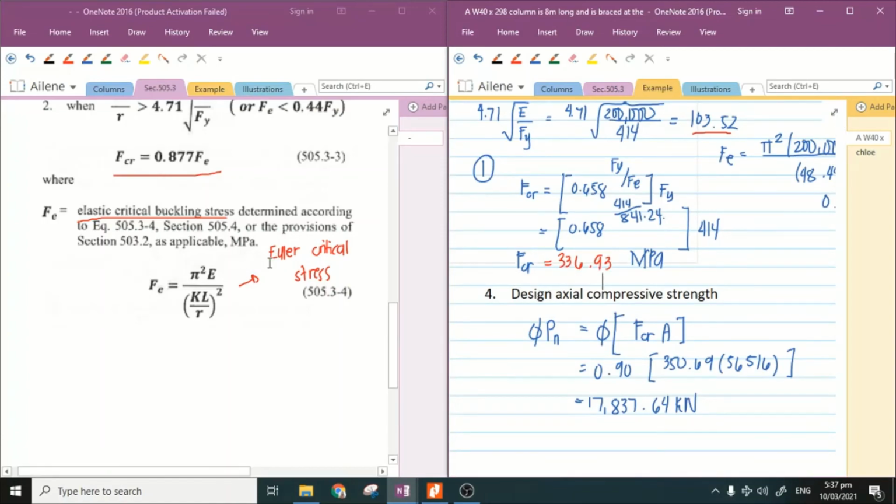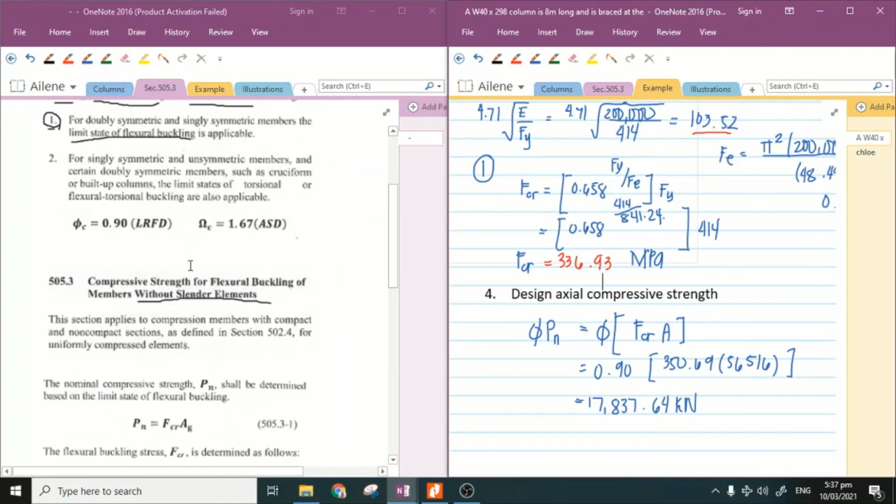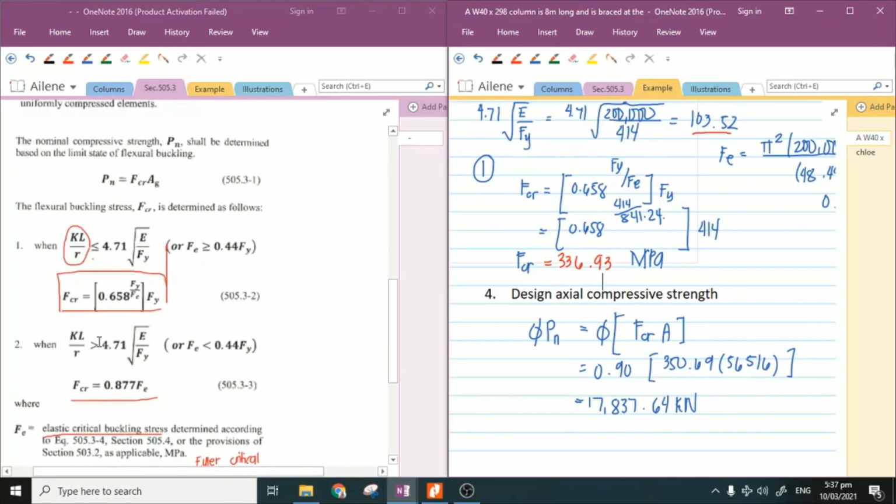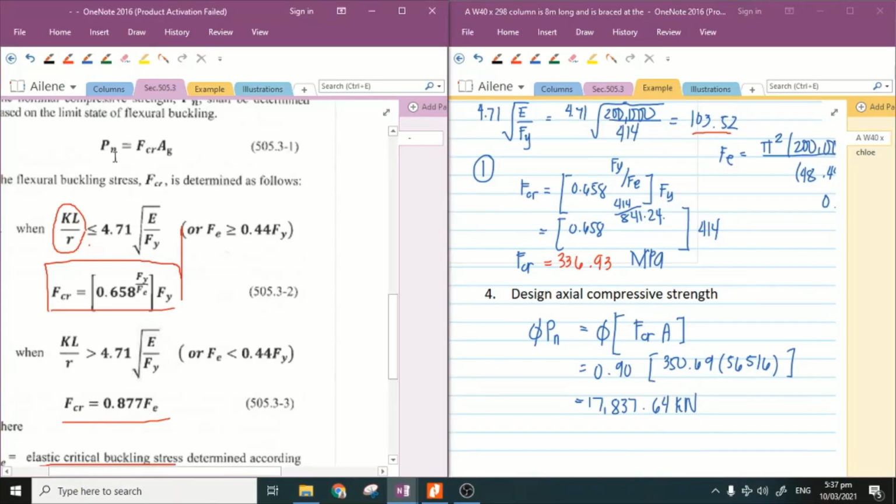So, ito na yung flexural buckling stress. After nating makuha yon, kung mapapansin nyo, pwedeng ang pagkumparahan nung values is si 4.71 square root of E over Fy, may nakalagay ditong or, kung ano daw yung makukompute nating value ni F sub E, kung siya ay less than or greater than 0.44 Fy. So, i-double check natin. Tingnan natin kung masasatisfy din niya yung statement na to.